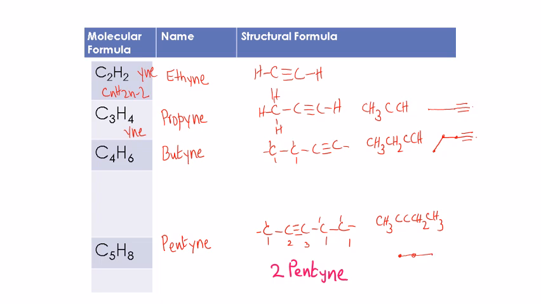So this is going to be the third one, this is going to be the fourth one, and I have the fifth carbon here. So where is the triple bond? The triple bond is between the second and third. So this is sp hybridized and this is sp hybridized, so it's going to be linear. That's the reason we have to draw pentyne like this. So just practice, and this is a good review from chapter 1.